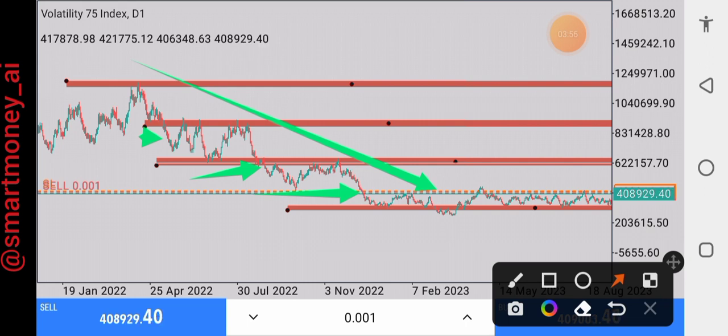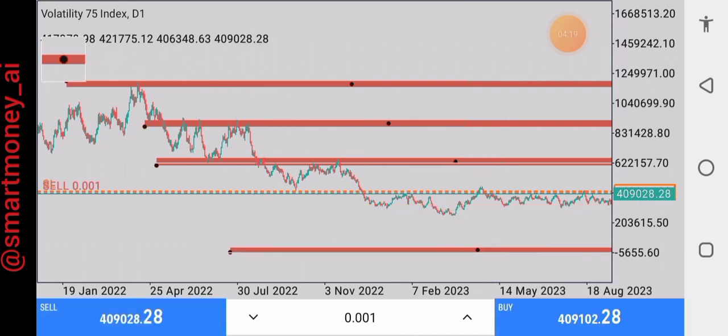So when you look at something here, you see this resistance was broken, right? You see this lower high here, it was violated by this high, so we can now anticipate a bullish something, right?